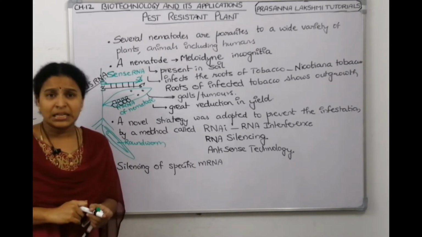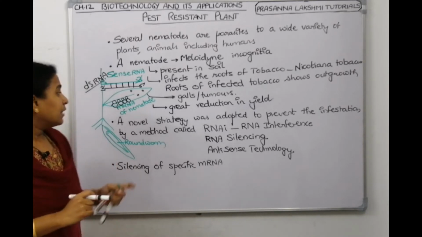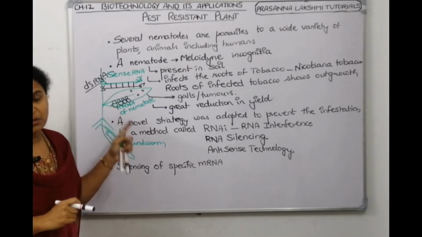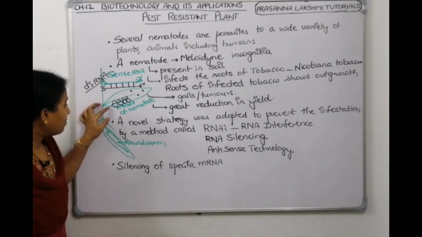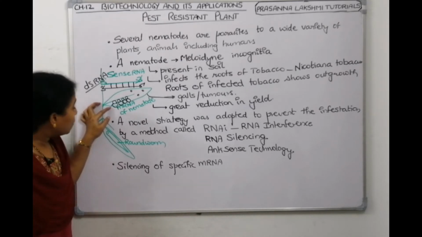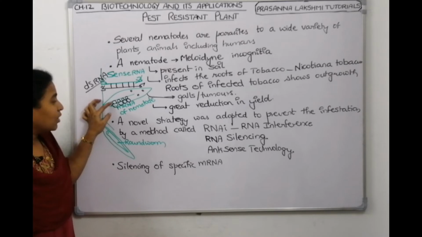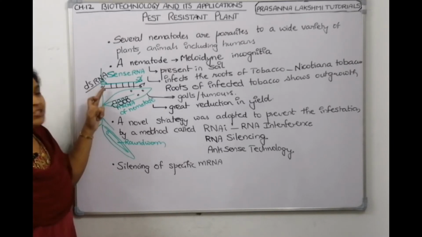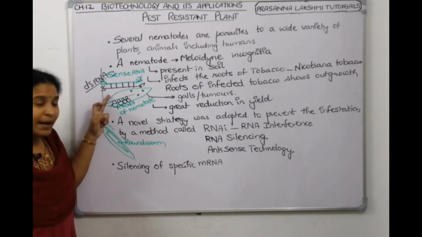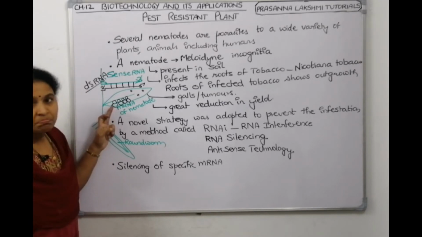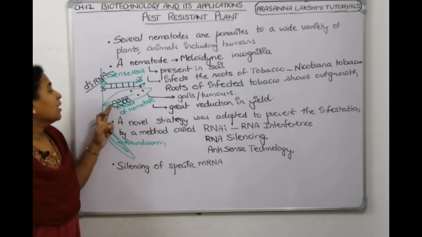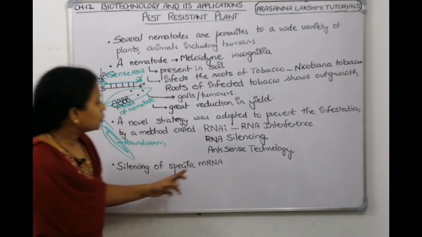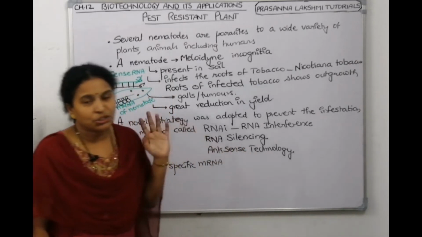Only when the mRNA is single-stranded can it bind with the rRNA present in the ribosomes. Now when you make the mRNA double-stranded, can it bind to the ribosomes? It can't bind to the ribosomes. So when it can't bind to the ribosomes, the process stops. That is why we also call it antisense technology, children.